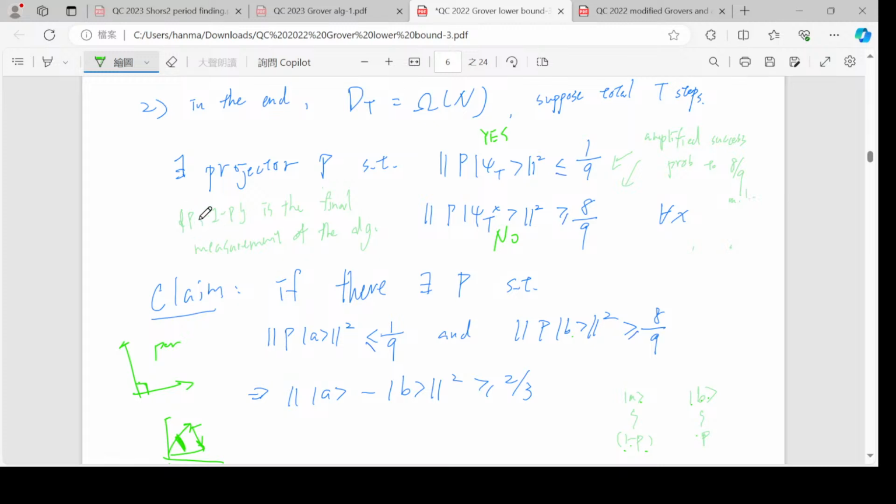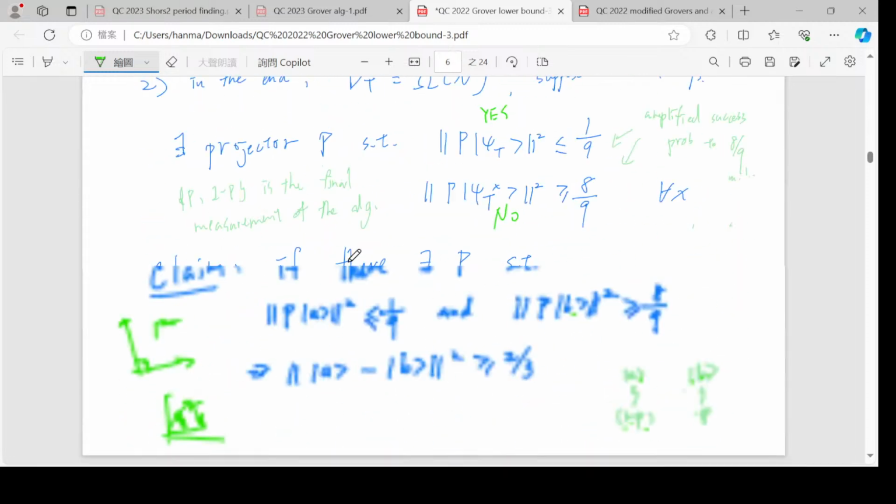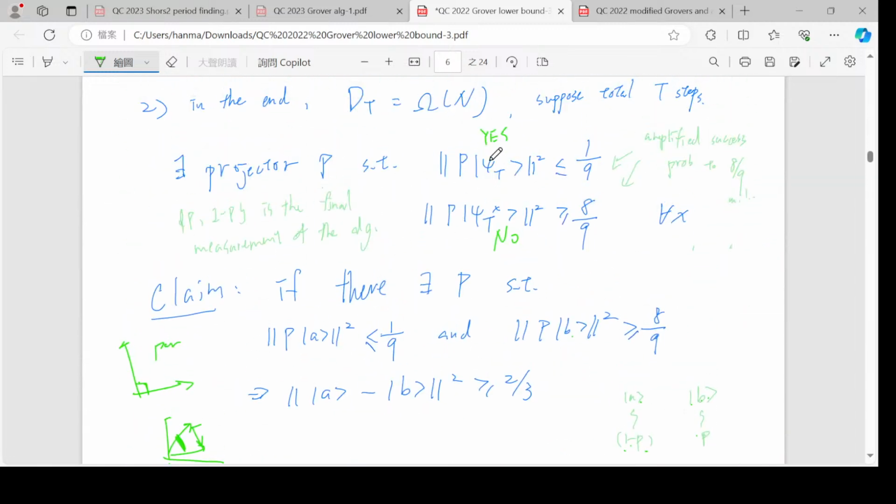That's the final measurement you do on your algorithm, and somehow we have it reversed here. We say for the yes instance we want low success probability, and for the no instance high success probability. So P is more like rejection.